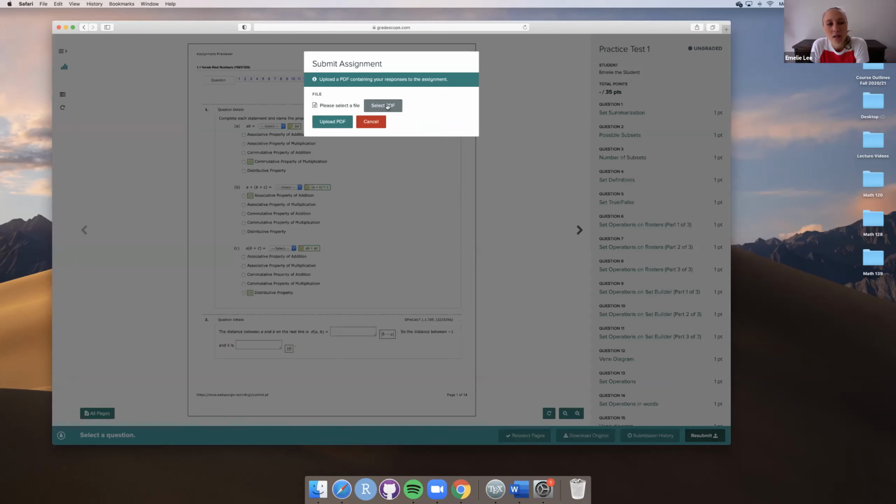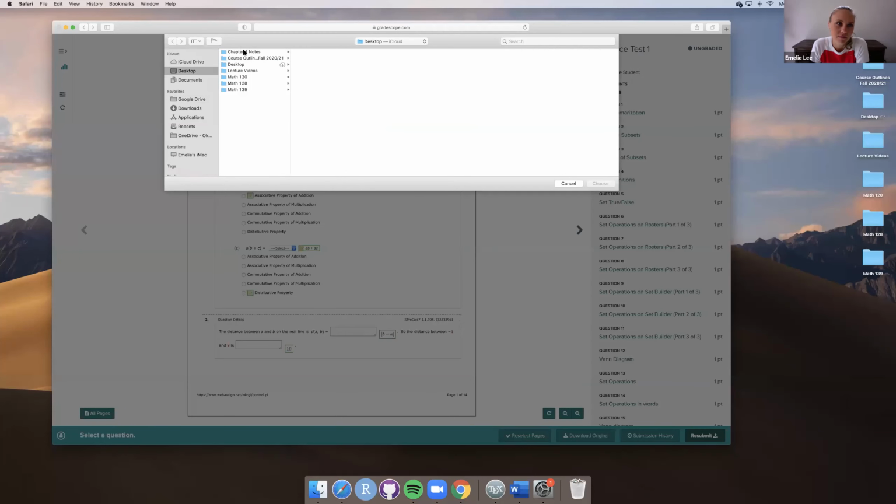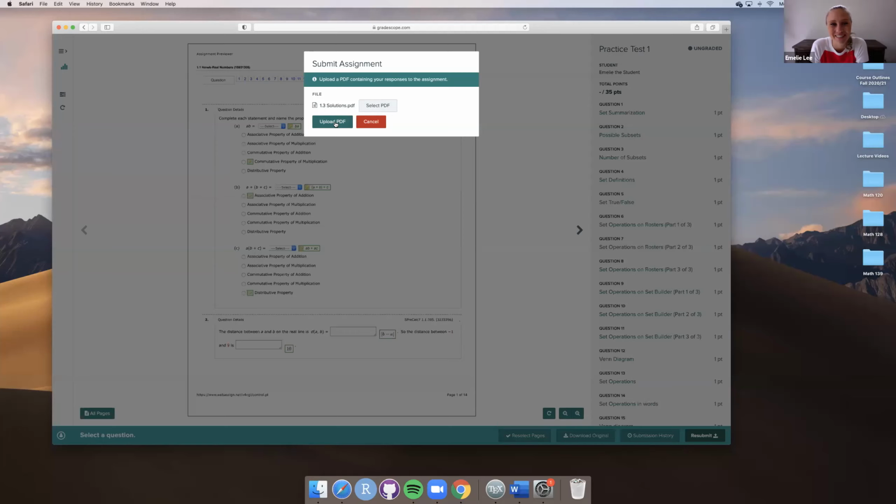Here I'm just going to pick some random PDF. I don't know, let's do this one instead. No, I do not care about the color of pen or pencil. You can use whatever you want. You can use charcoal for all I care.